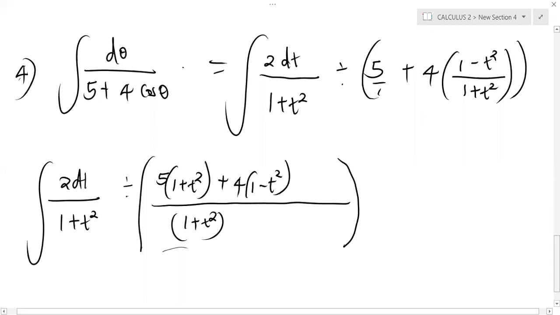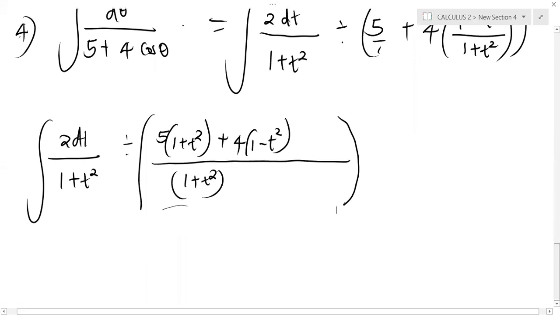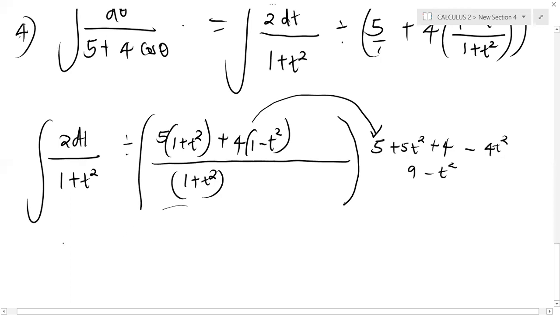So I can choose to simplify what's on the numerator over here. This will basically be 5 plus 5t squared plus 4 minus 4t squared, which gives the constants 5 and 4 making 9, and 5t squared minus 4t squared. So we have the integral of 2 dt over 1 plus t squared.